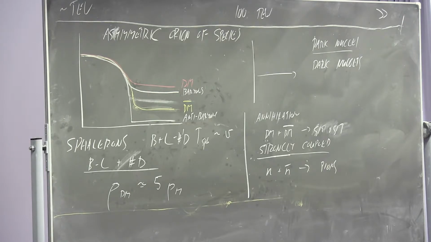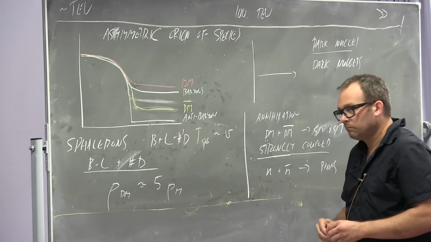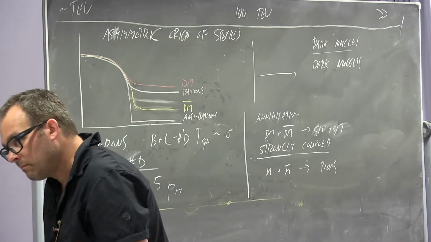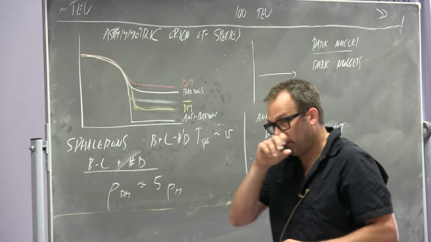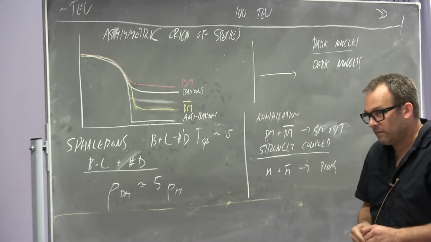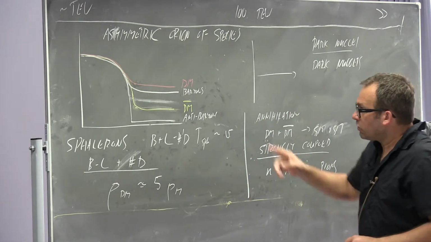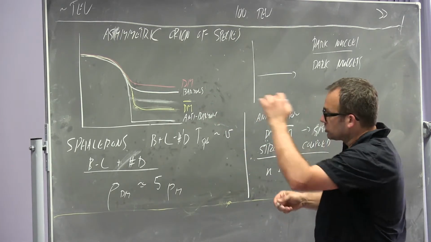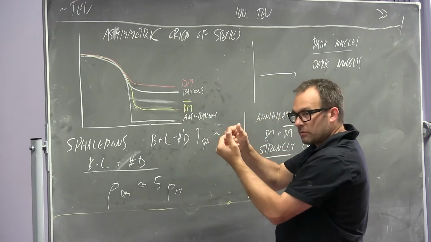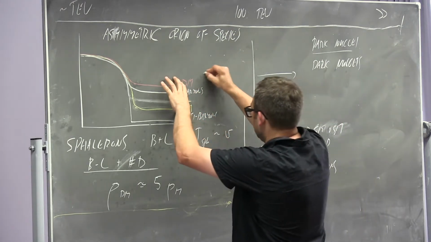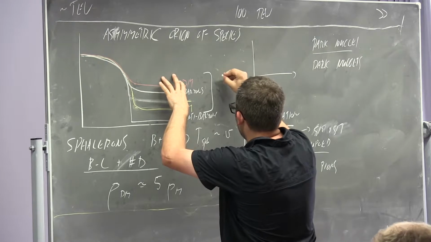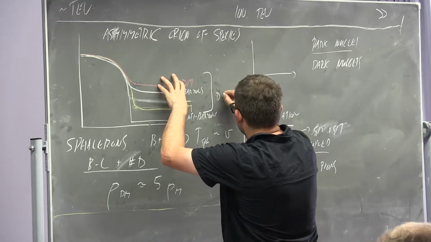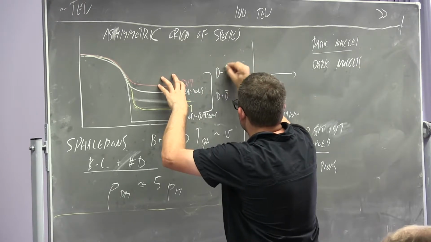Maybe it is related, but I was asking for strongly coupled, not for asymmetric. Sorry, say again? I was asking for a strongly coupled dark sector. Yes? But you are telling me about the asymmetric dark matter, right? So, there are two numbers here, right? Let's call it D plus D bar, and there's D minus D bar.